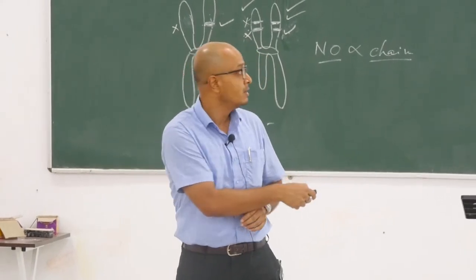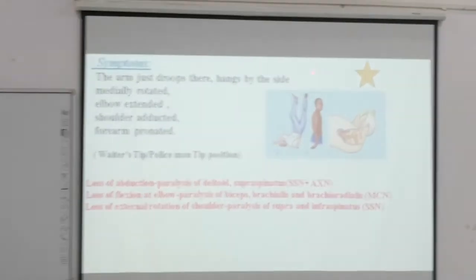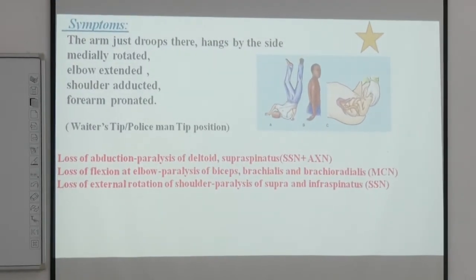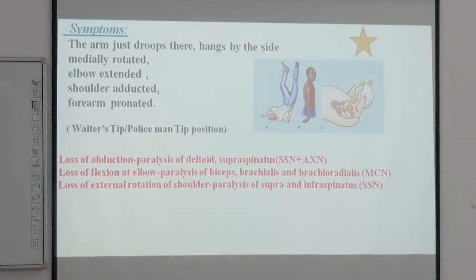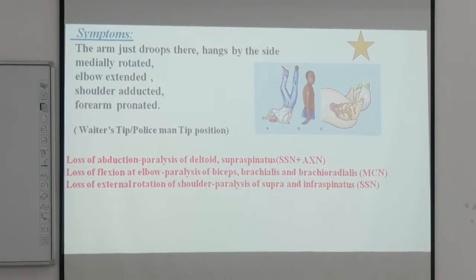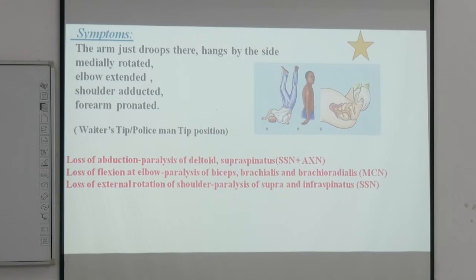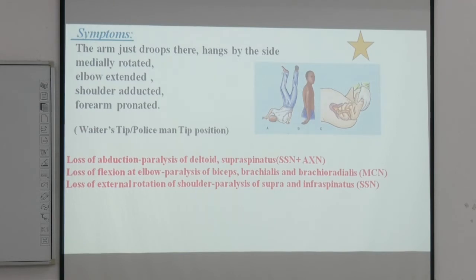What will be the symptom? The arm will be dropped, hanging by the side, rotated medially because the lateral rotators or external rotators are not working. Elbow is extended because the BBC muscles are not working. Shoulder joint is adducted. That means the abduction is not there because the deltoid is not working. So the shoulder joint is plastered against this particular trunk.